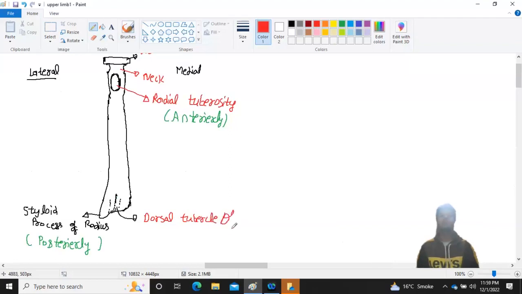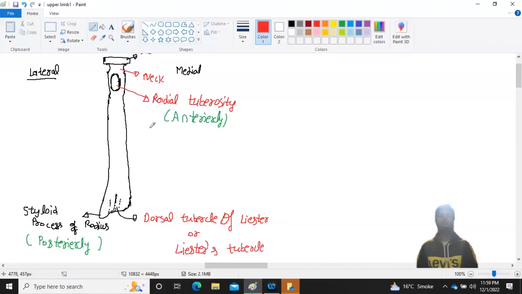Dorsal tubercle of Lister बोला जाता है इसे. Full name: dorsal tubercle of Lister या फिर Lister's tubercle. Lister's tubercle.